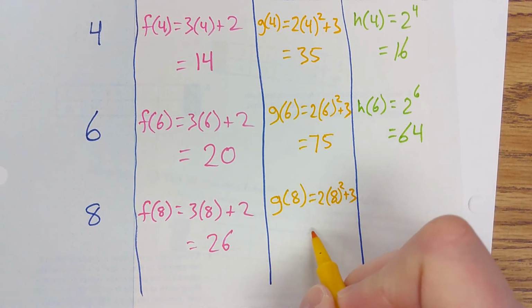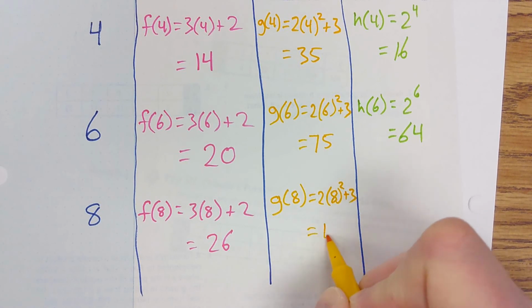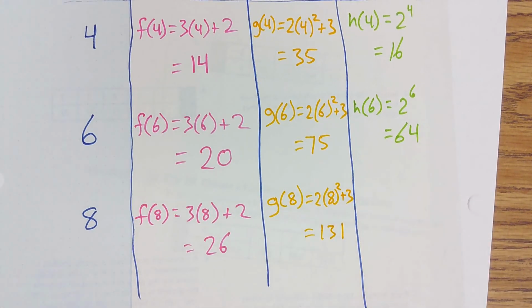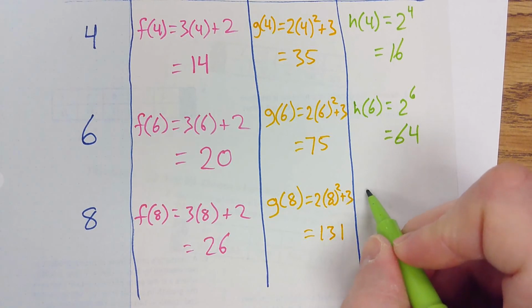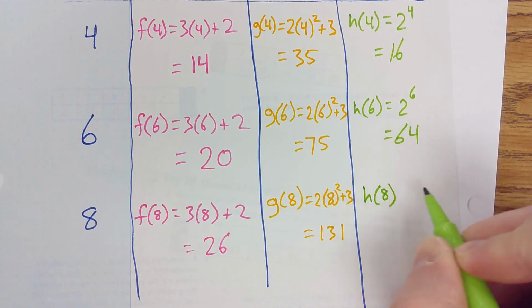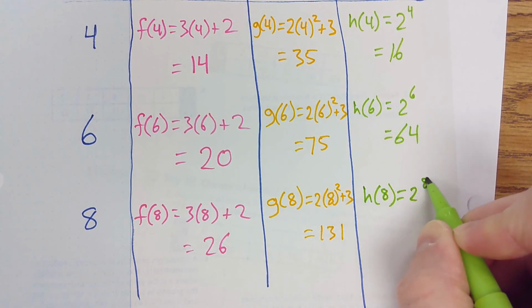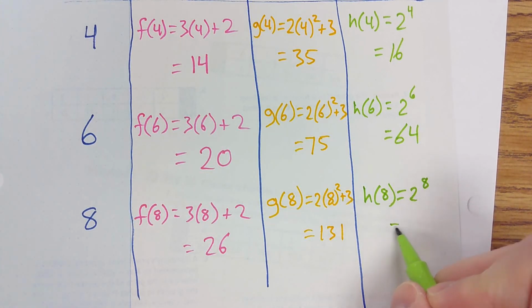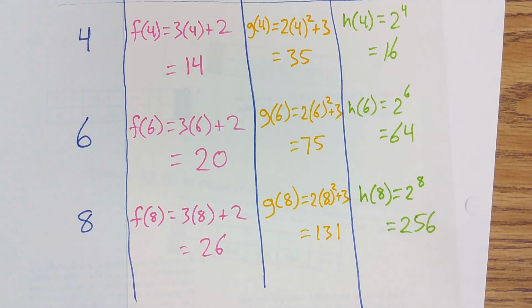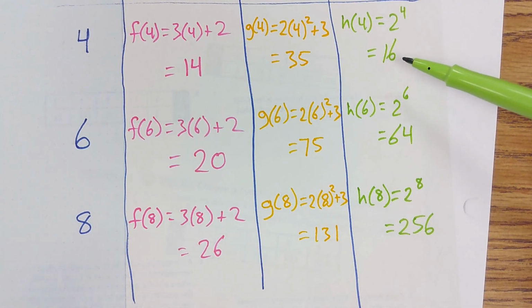Jumps all the way up to 131. But the exponential, h of 8 equals 2 to the 8th power, is going to give us a value of 256. So we can see that eventually the exponential is always going to exceed the other two. It's a faster growing type of function, even if it starts out slower sometimes.